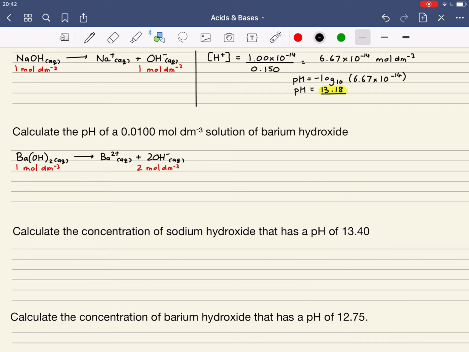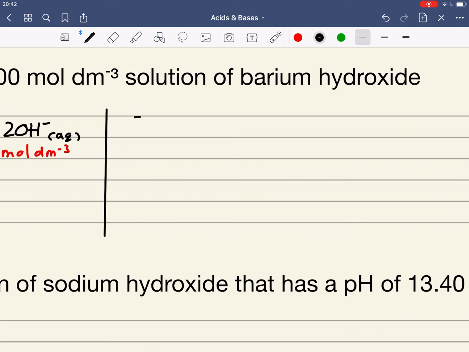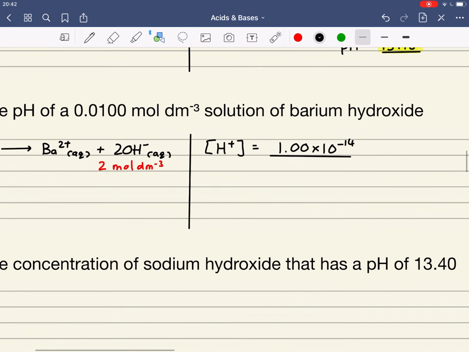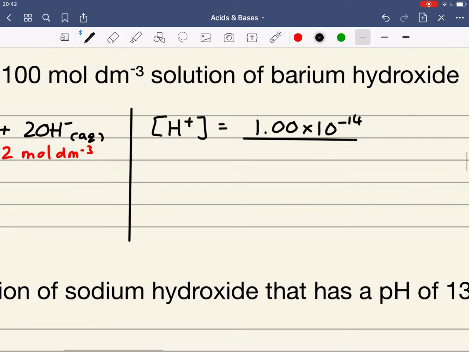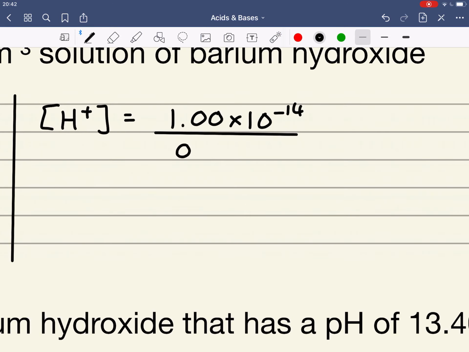So if we have a look at this calculation, then my hydrogen ion concentration, remember first, we need to work out, that's equal to 1.00 times 10 to the minus 14 divided by my hydroxide ion concentration, which is going to be this number times 2. So it's going to be 0.0200.